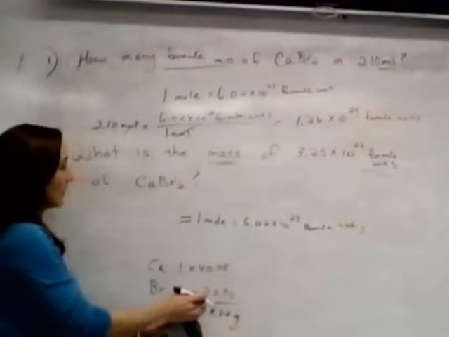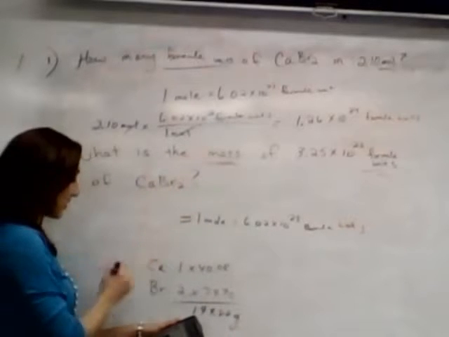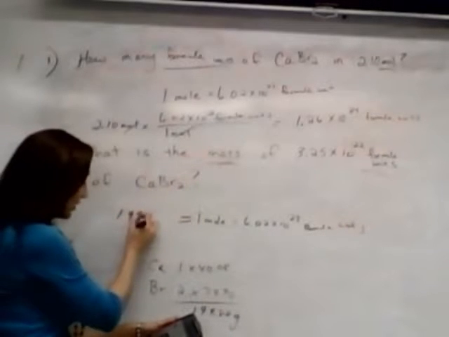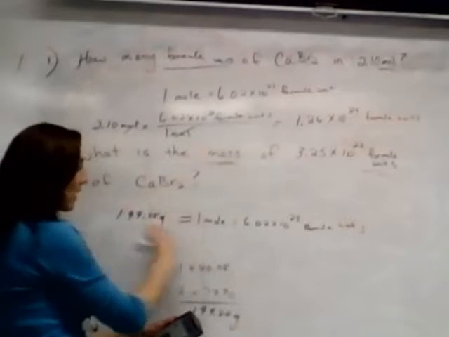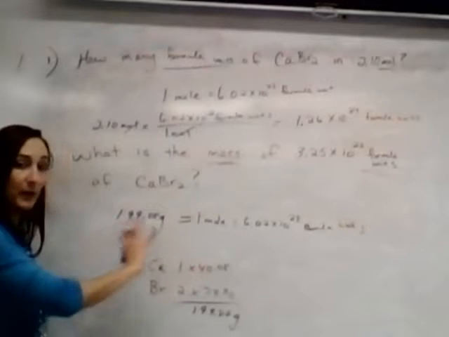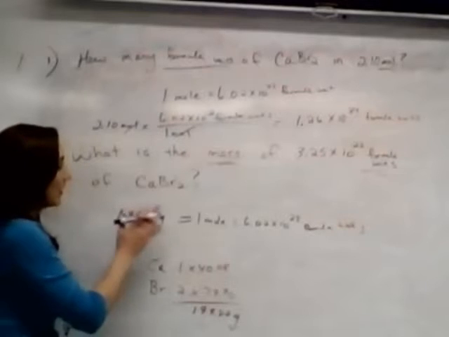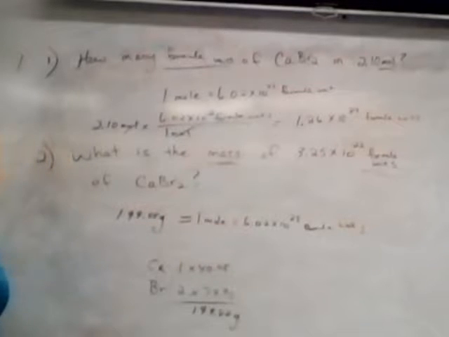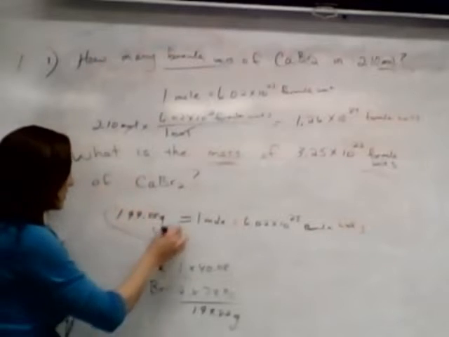For 1 mole, it's going to be this mass from the periodic table, except expressed in grams, because we're talking about not just one single formula unit, but this number of formula units. It's the same way we would figure out the formula mass, except we're calling it a molar mass because it has units of grams, and that is for 1 mole of the substance.